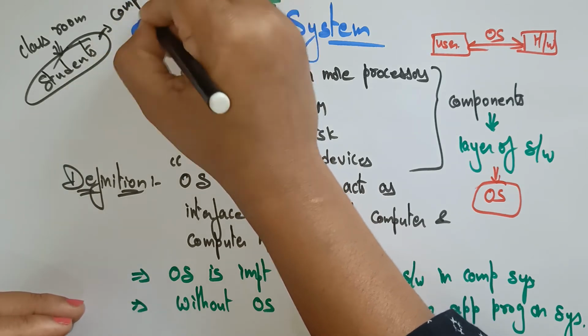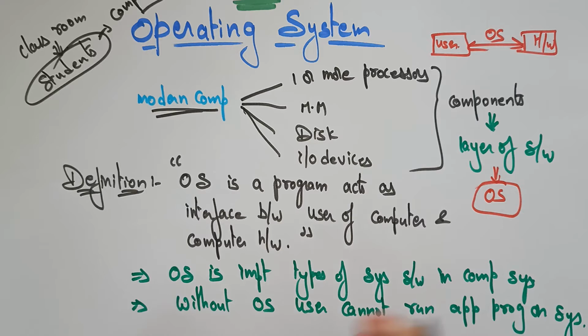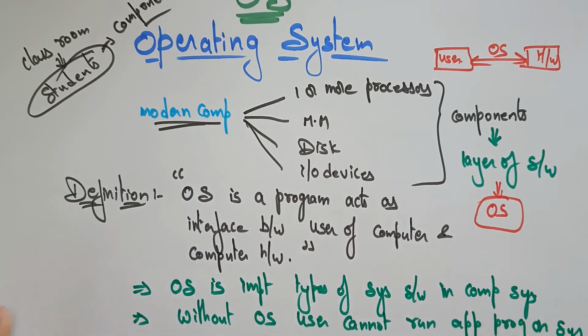If different types of students are there and the teacher is not present, what happens in your classroom? Everything will be disturbed: some are talking, some are playing, some are fighting. It is full of noise and disturbance.